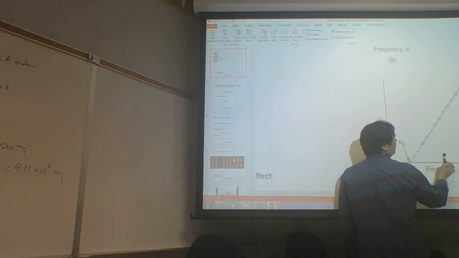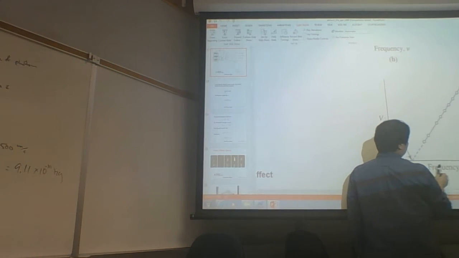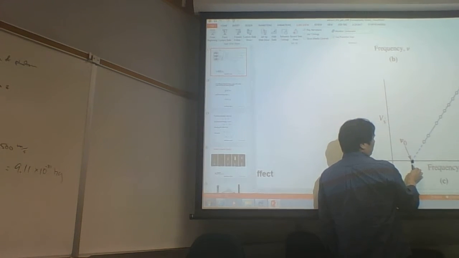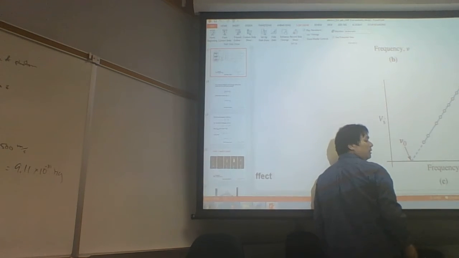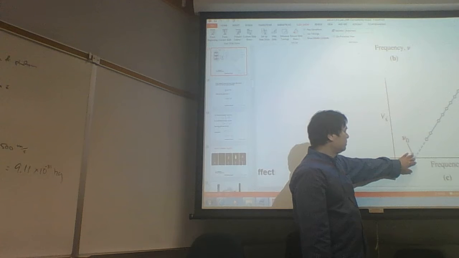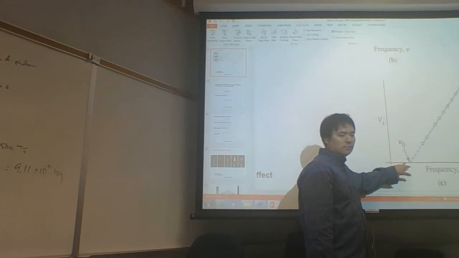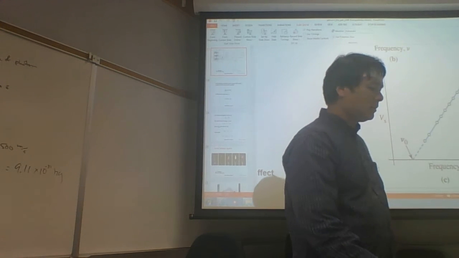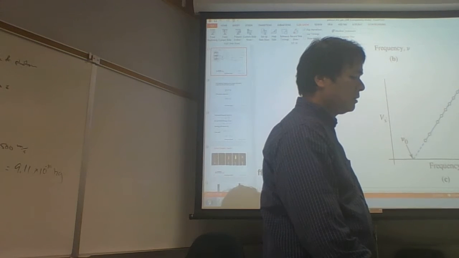And so as you get higher and higher energy, the electron gets faster and faster. Here, this is the minimum energy, or the threshold energy that we call it. Any energy below this, all this light does nothing to it because it just doesn't have enough punch to kick the electron off.